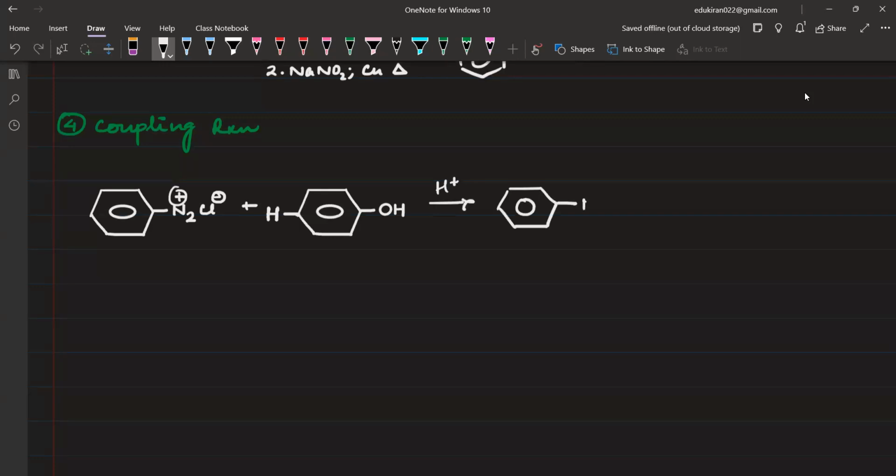The N2 is as it is, nitrogen with the double bond nitrogen, and this nitrogen is further bonded with another benzene ring, like this. And the OH is as it is. So just HCl is released from here. Now this is orange in color, and it is also used as dyes. It is used like dyes.